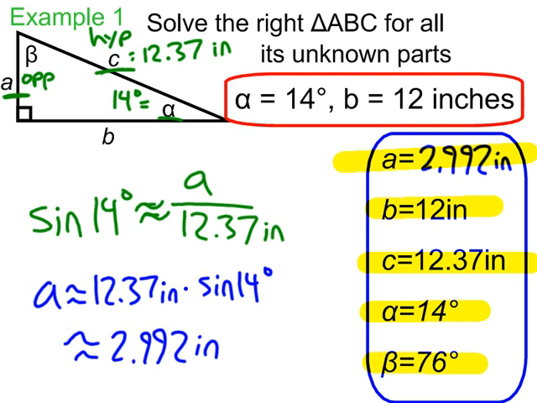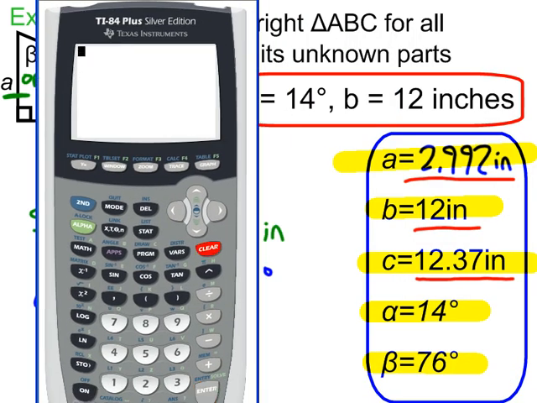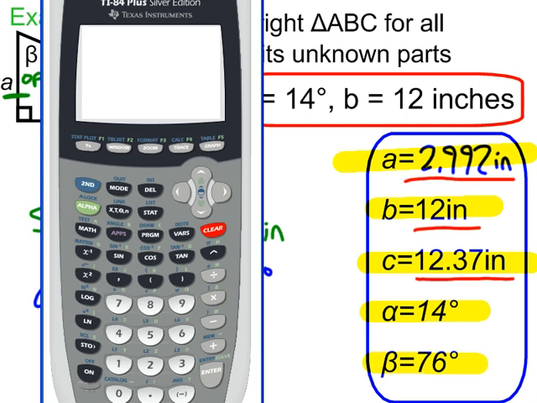So again, I really shouldn't consider myself done until I've checked, and here's how I'm going to do it. I know that these three side lengths are part of a right triangle, so they should honor the Pythagorean theorem, right? So here's what I'm going to do. Since I've already stowed those values, and since a squared plus b squared should equal c squared, I'm going to type in a, which I've stowed, squared, plus b squared.